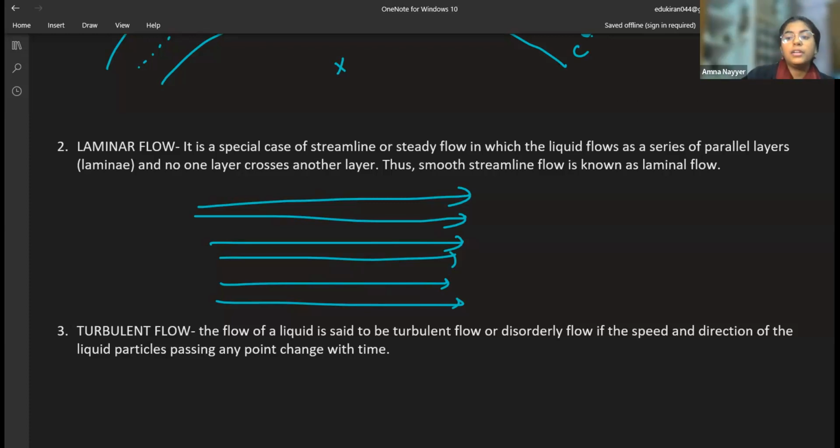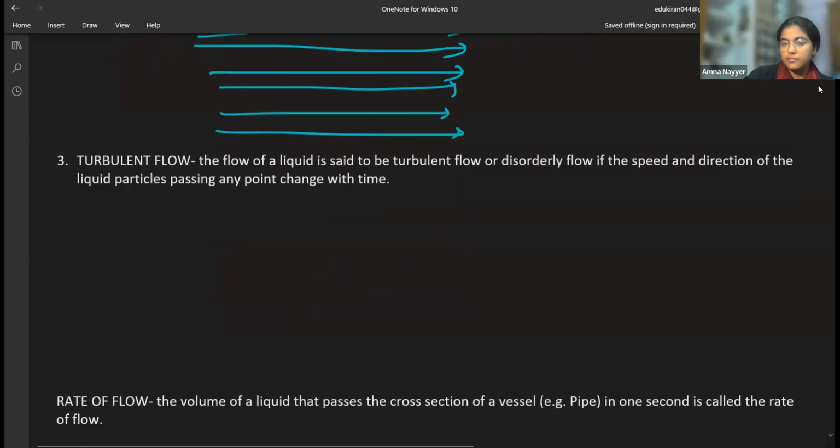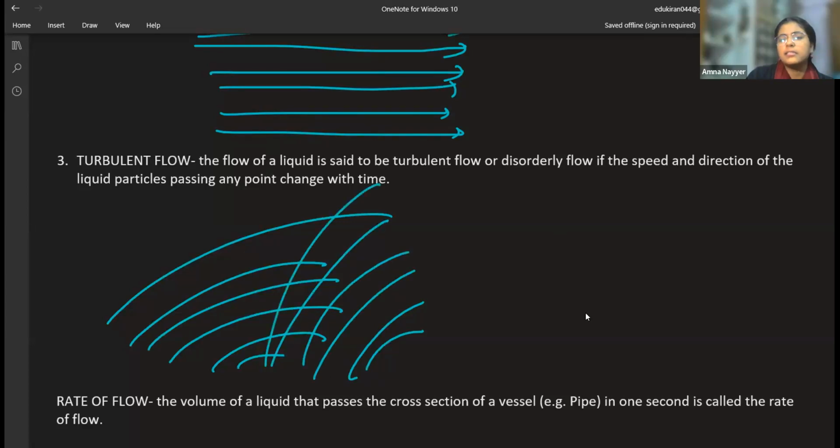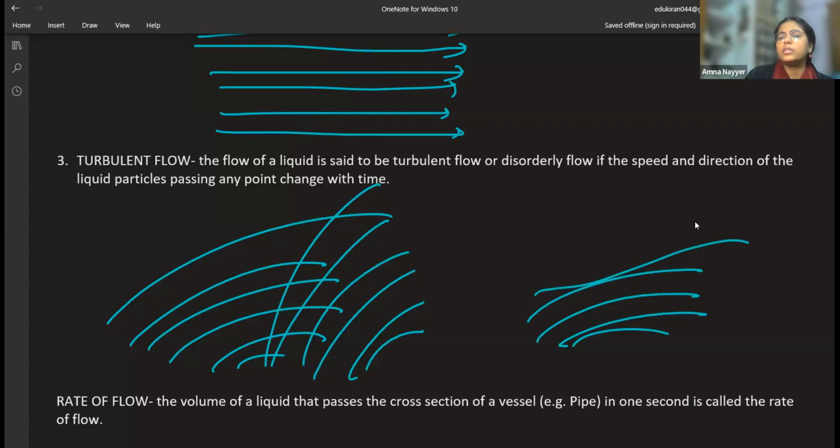Turbulent flow. In turbulent flow, the layers can cross each other. Disorderly, disorganized flow. Liquid flow at a point is like this, and at another point is like this. This kind of pattern, where there is no pattern of flow of fluid, is known as turbulent flow.